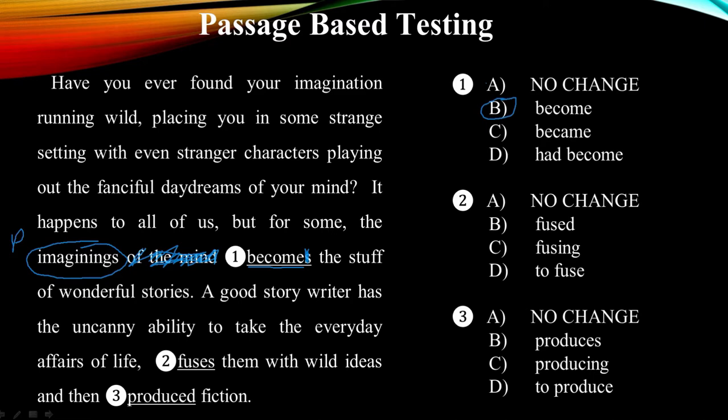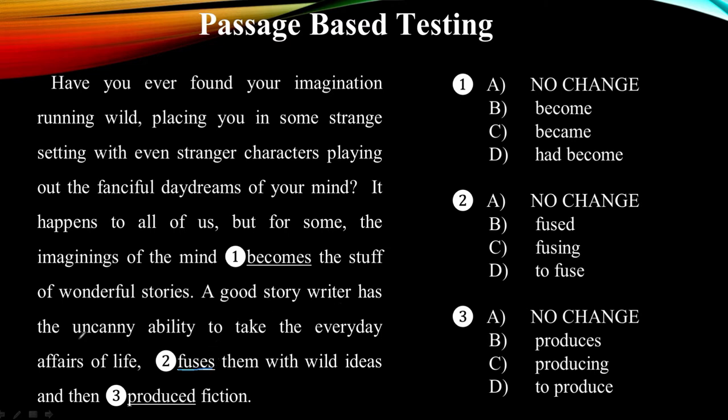Then as we go on, we say, a good story writer has the uncanny ability to take the everyday affairs of life, fuses them with wild ideas, and then produce fiction. Well, we have a problem here because it looks like it's not parallel structure. So what are we comparing?